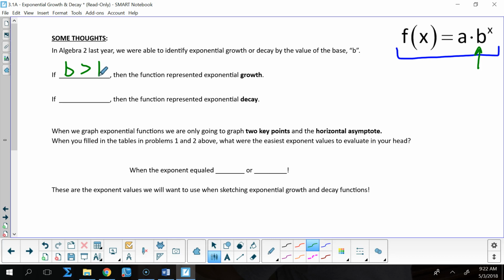And by grow, what I mean by that is it is going to get farther and farther away from its asymptote. Okay? So that is a growth function. Okay? This also is a growth function.